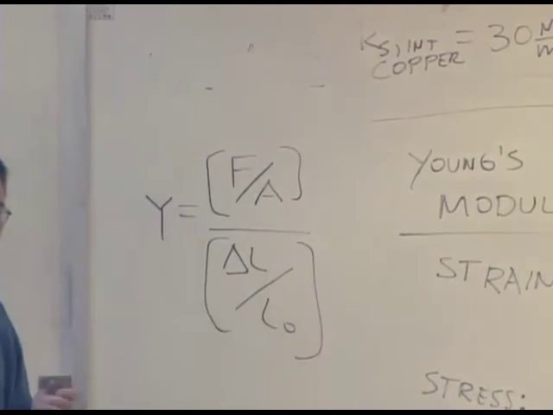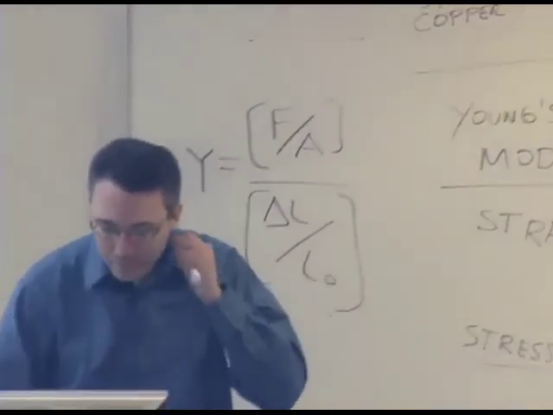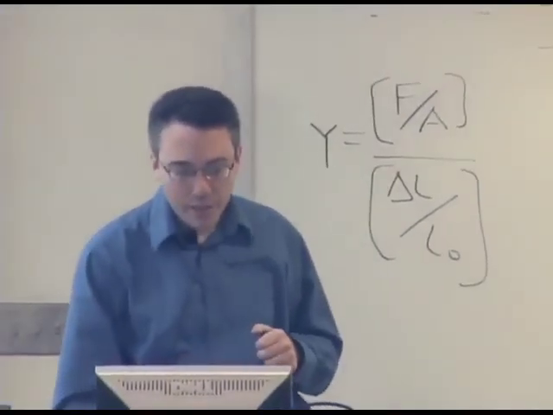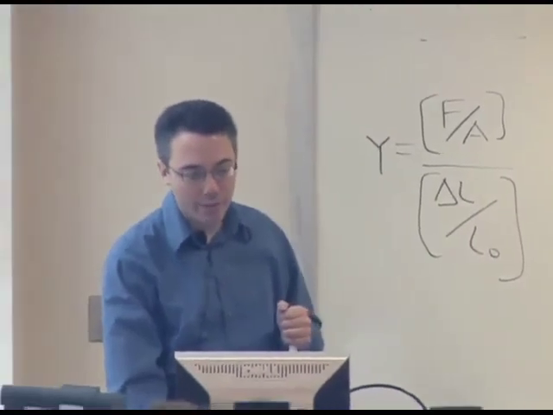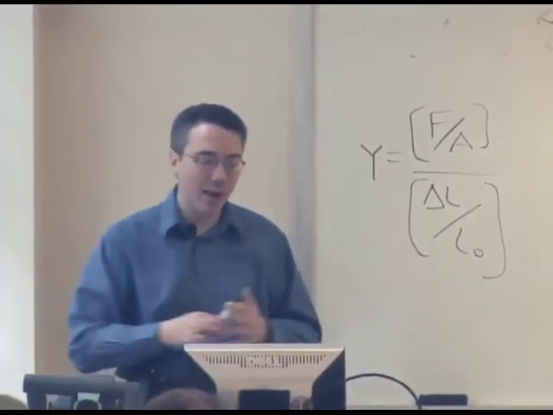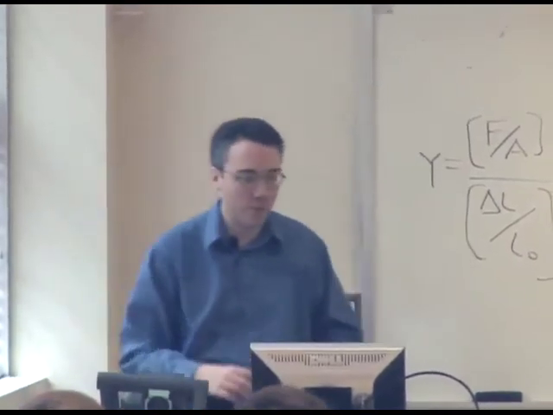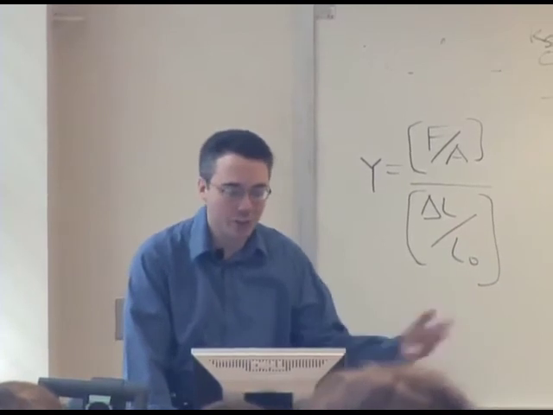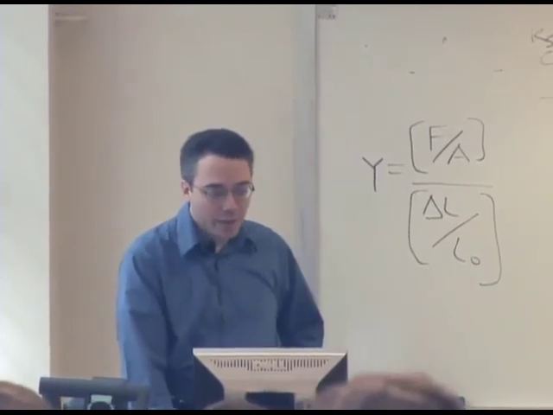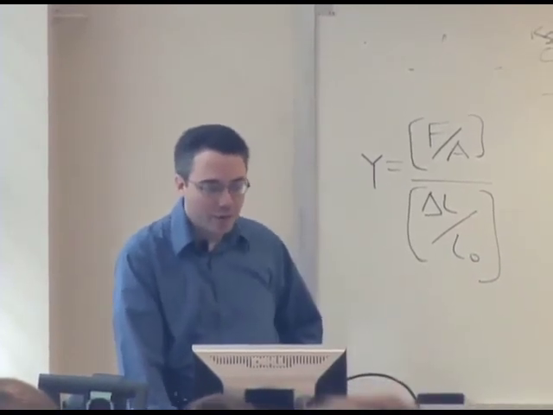Okay? So given that, you hang a 10 kilogram mass from a copper wire, and the wire stretches 8 millimeters. Clearly this is a different cross-sectional area than the example we looked at before, where the stretch was only 1.5 millimeters, but we'll just use it as an example.